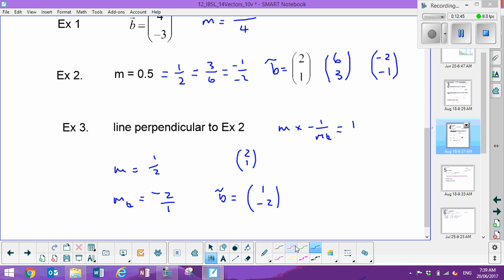So what have we got to do? We're swapping these. Swap the x and y. That's what you're doing when you're taking the reciprocal. 2, 1 becomes 1, 2, and make one of them negative.